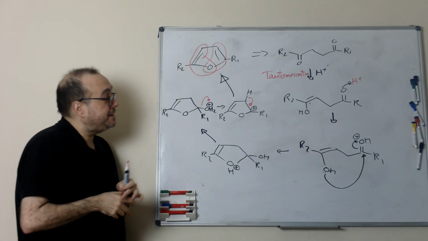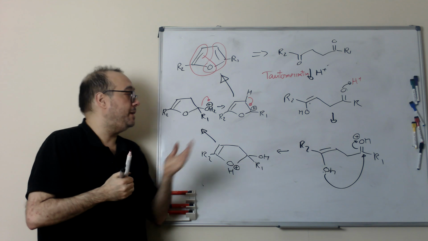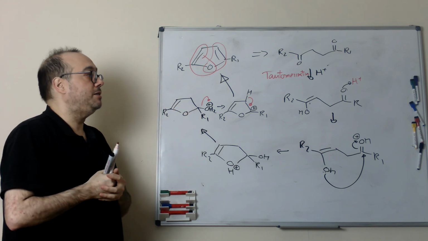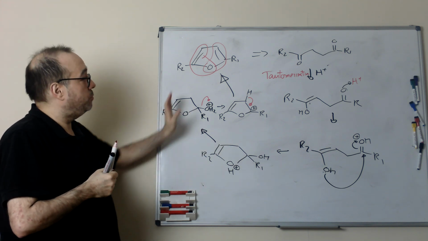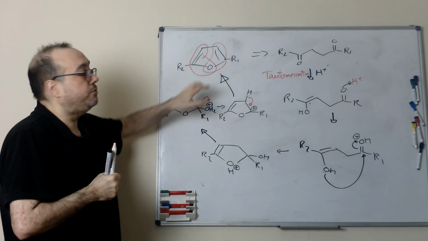Basically, in order to synthesize a furan, the only thing that we need is to have a 1,4-dicarbonyl compound and an acid, and what we will get is the furan.